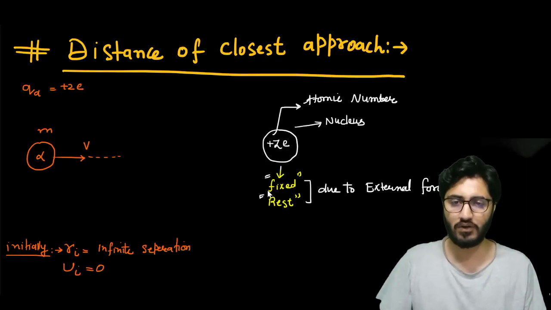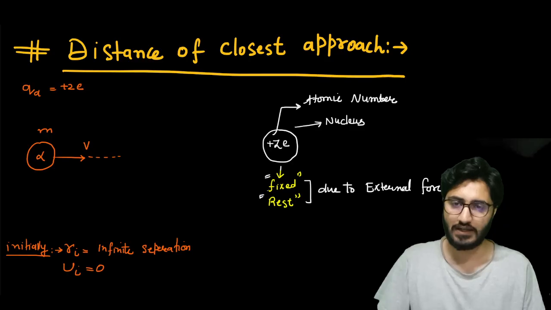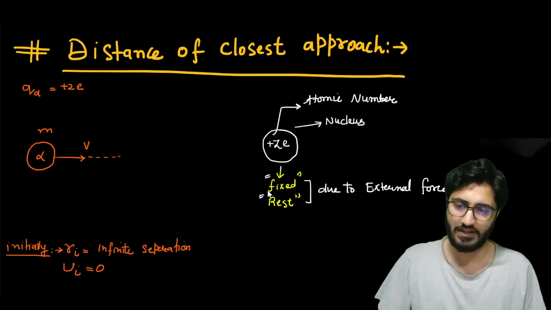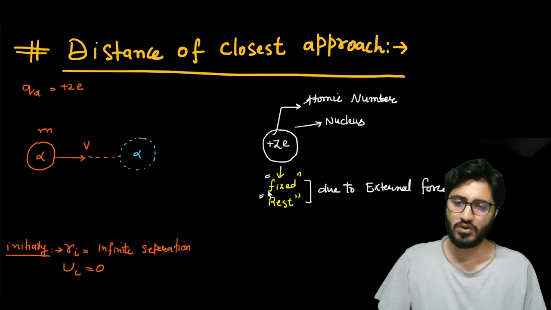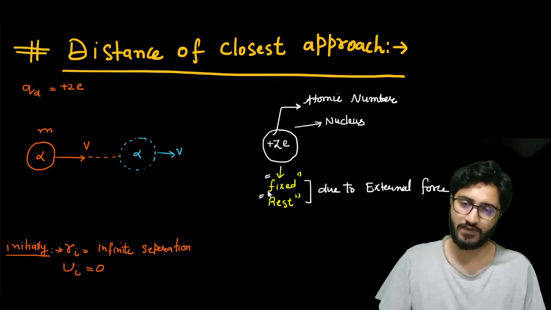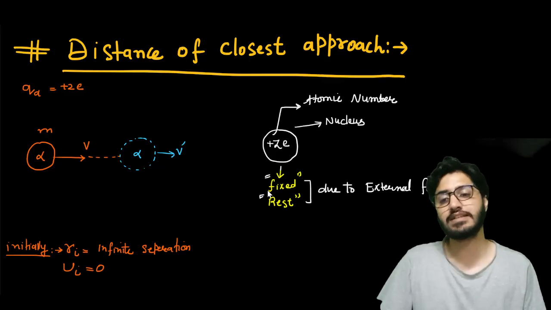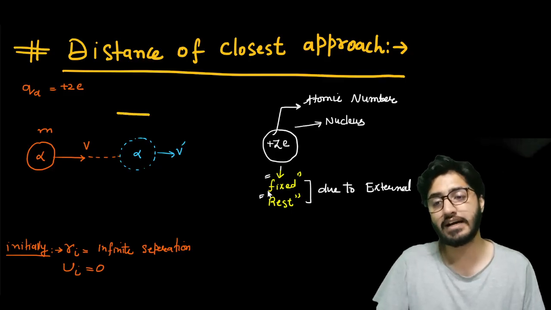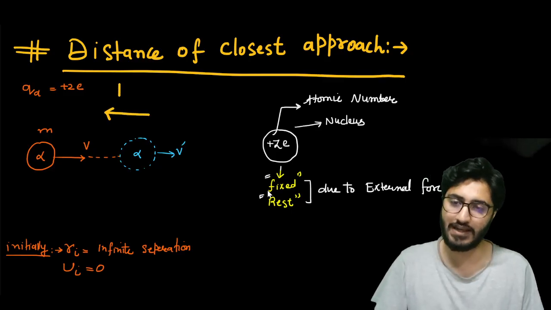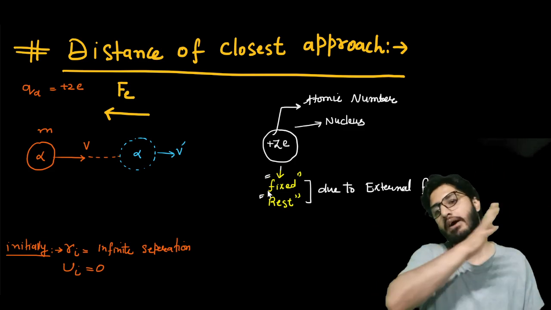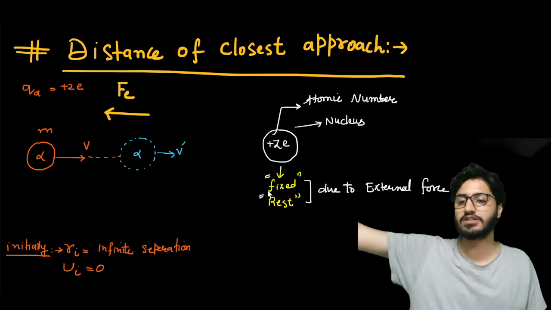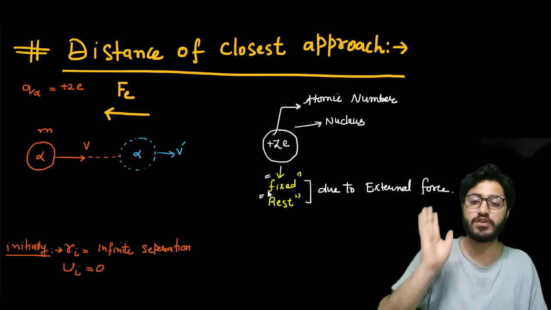So what will happen now? When this charged particle is somewhere here, the alpha particle will face Coulombic repulsion, which is an electric force. Positive repels positive, so my alpha particle will get a force opposite to the velocity.